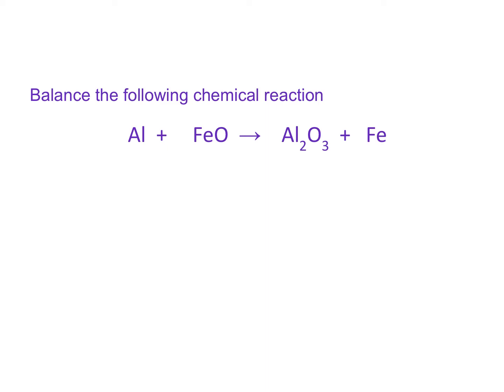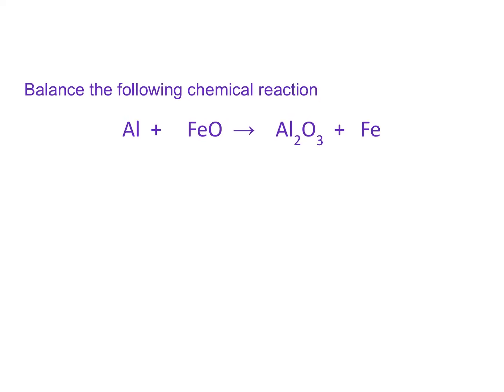So my thought process here is that I have 3 oxygens on this side. I've got 3 oxygens. So I can go ahead and multiply this guy by 3. Then if I have my oxygens all settled, then I can move on to my iron, which I now have 3 of on this side.